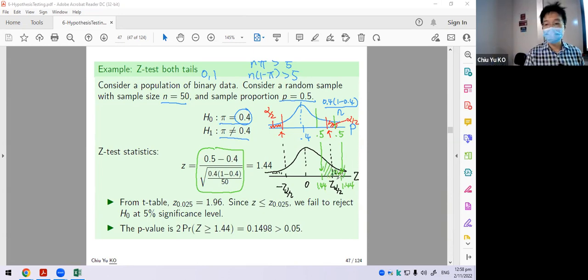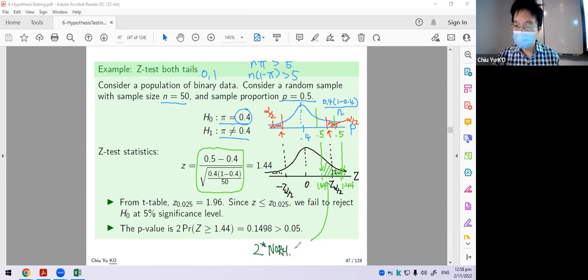Now we calculate this area, that's the p-value, and when you multiply by 2 it is the two-sided p-value. So you want to calculate the area on the right-hand side of 1.44, and then multiply by 2. You calculate this as 2 times norm.s.dist of 1.44, true.